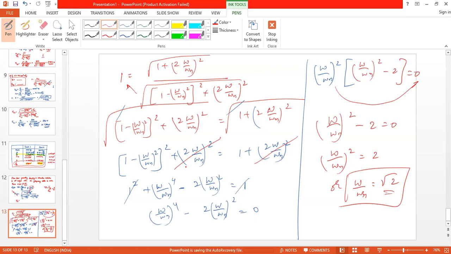This transmissibility ratio is 1, which means whatever force reaches it transfers to the ground. So if omega by omega n is equal to √2, then the vibration isolator will not be useful. Any doubt?